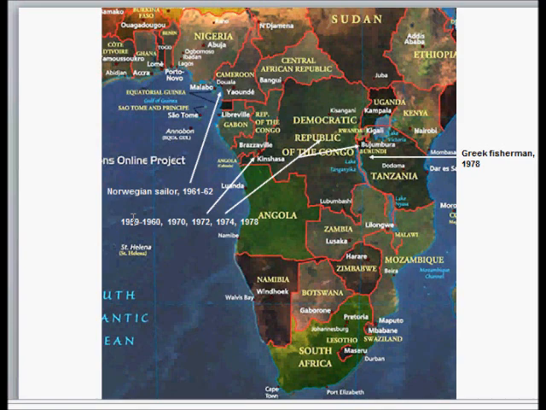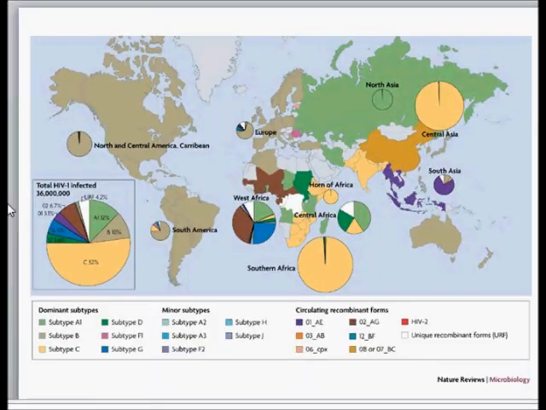They have blood from 1959 collected in the Congo which is positive for HIV. So there is physical evidence that it dates back to the 60s and the early 50s.